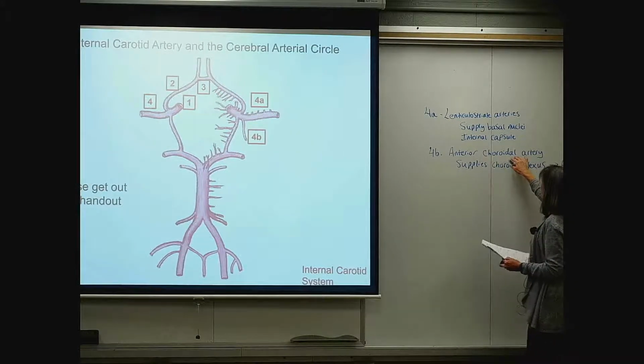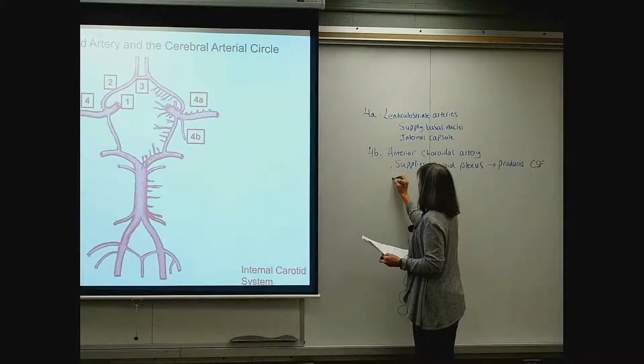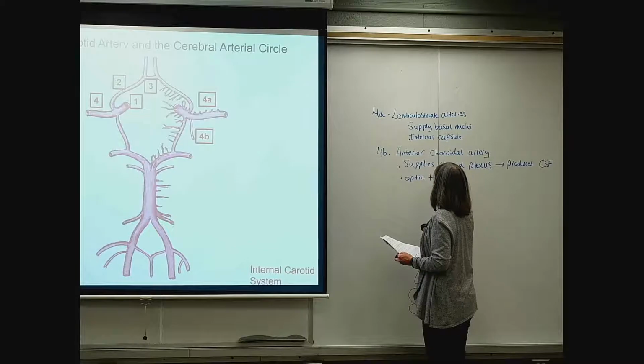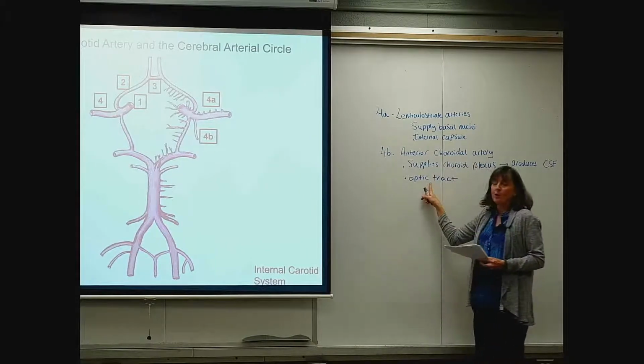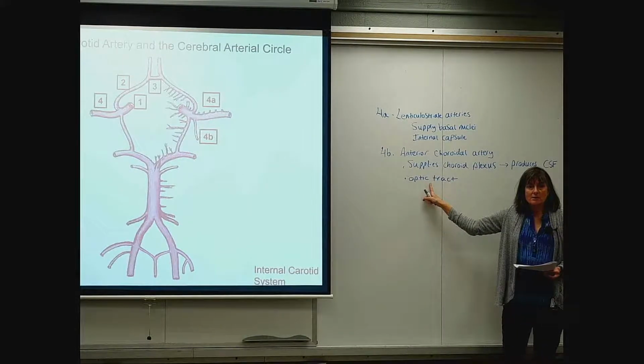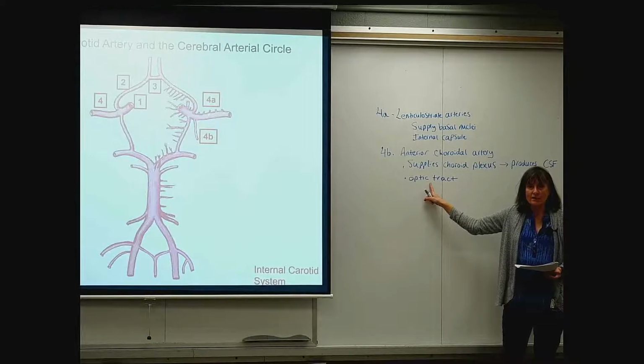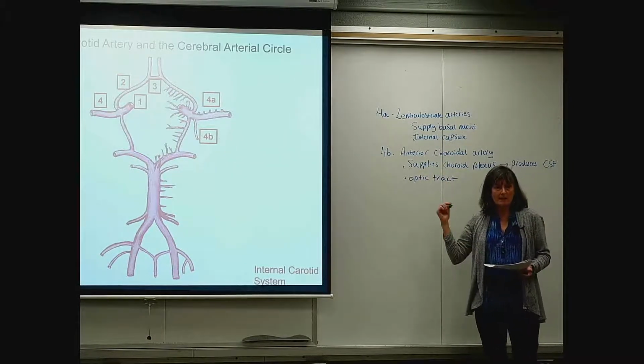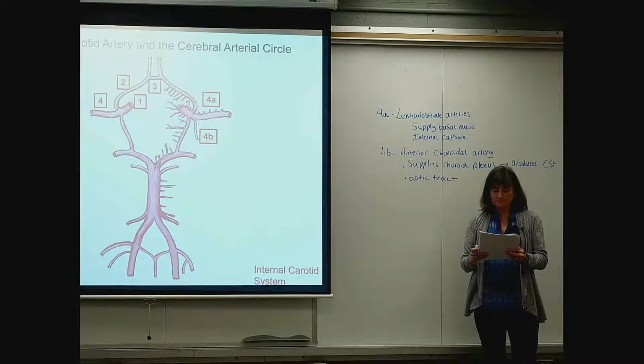This anterior choroidal artery also supplies the optic tract. This is important for taking visual information to more central areas of the brain. So again, if we have problems with our anterior choroidal artery, we might end up having problems with our vision.